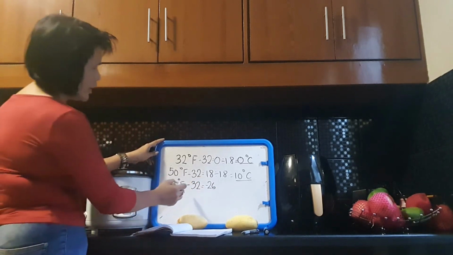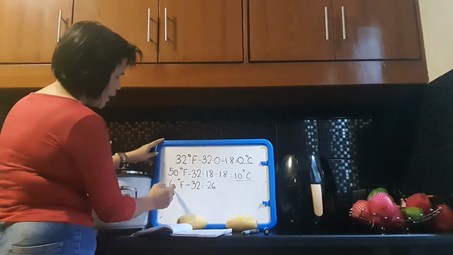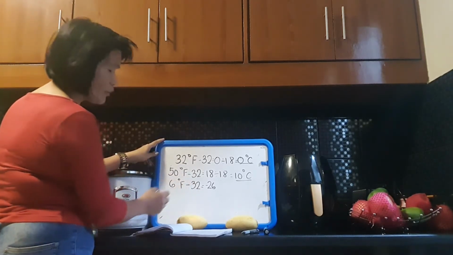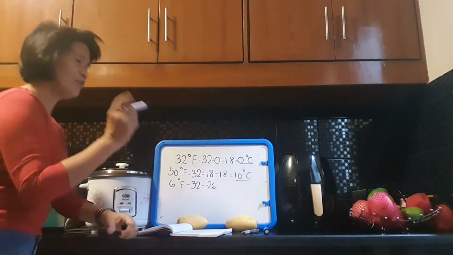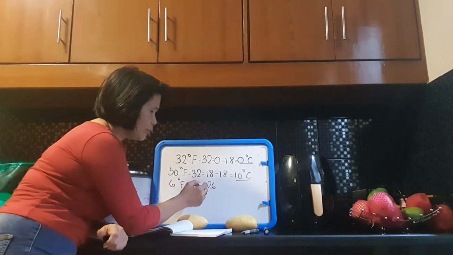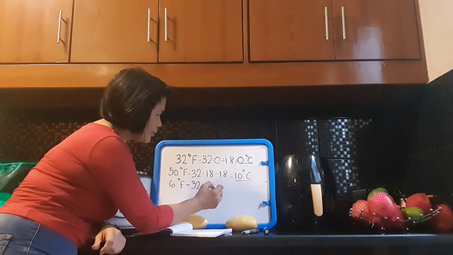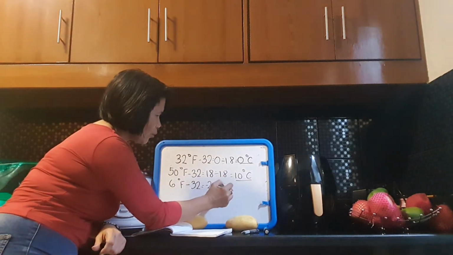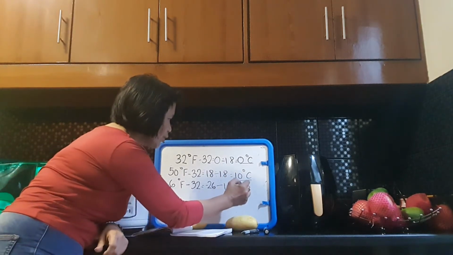Why is that? In grade 7, positive 6 and negative 32 are what you get, so we subtract positive 6 from negative 32. That would be negative 26. Then divide negative 26 by 1.8.